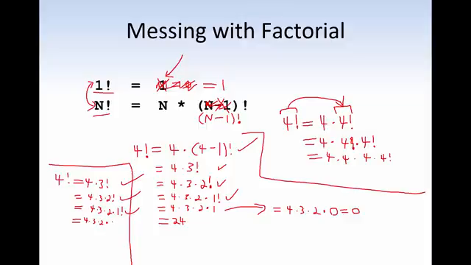And if I use that, what I end up writing is 1 times factorial of 0. Let me clean that up a little bit so it looks better: 4 times 3 times 2 times 1 times factorial of 0. Notice we didn't stop, and this will continue again.